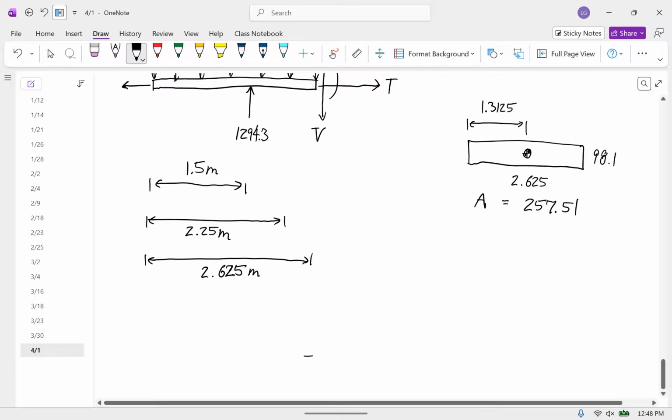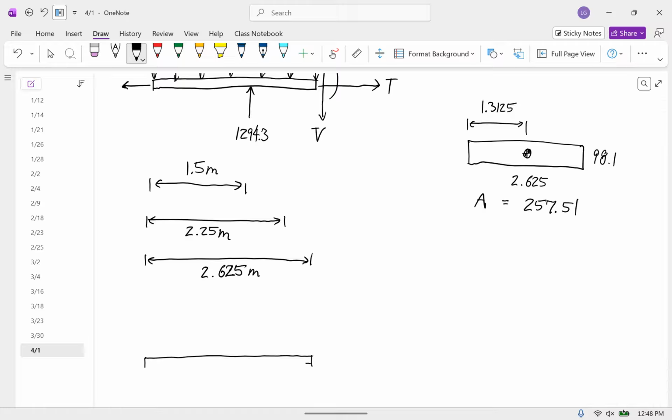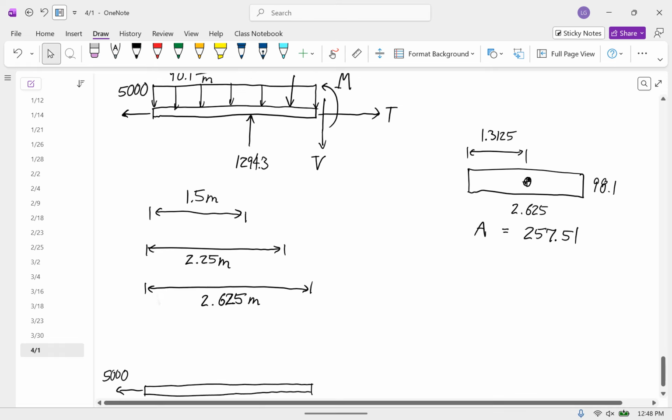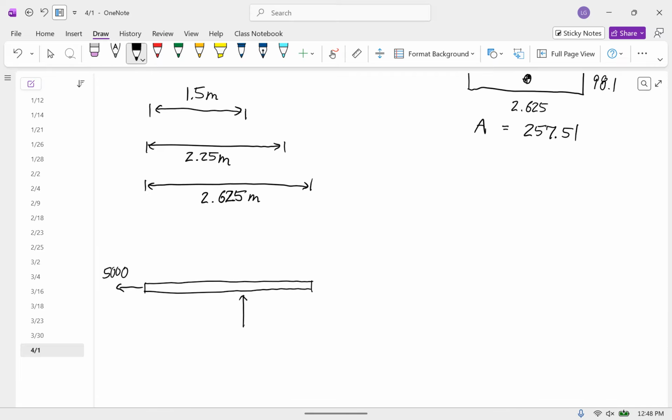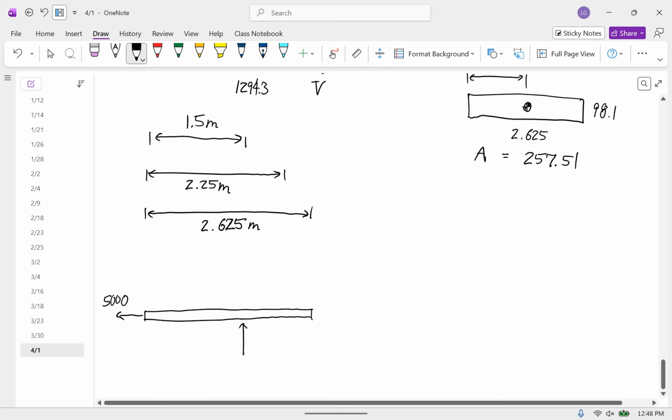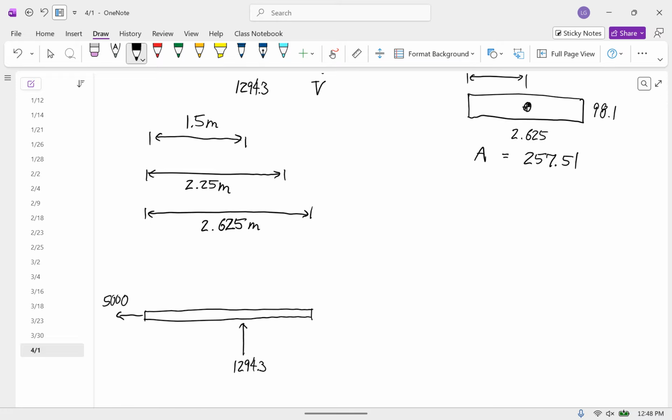All right, so now I'm going to redraw this free body diagram with that weight represented as a point force. So we have the 5,000 here. We have the 1294.3 here.